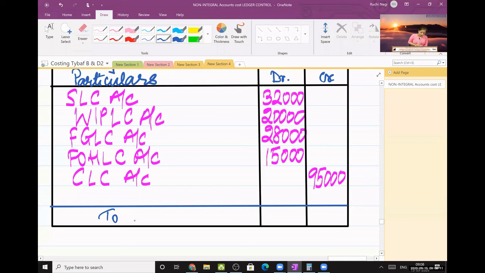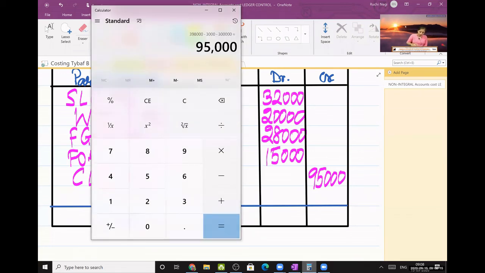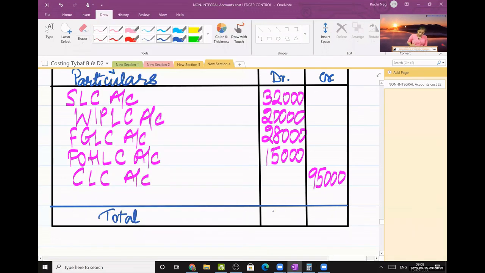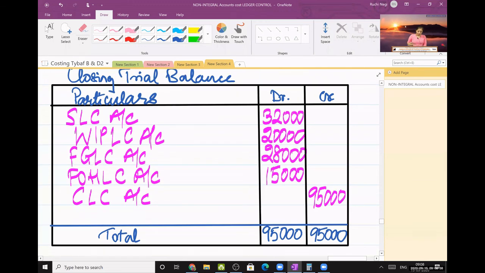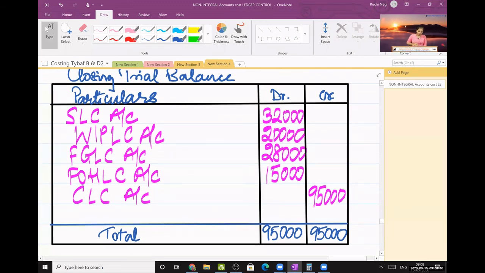Total. Now let me check. 32,000 plus 20,000 plus 28,000 plus this 15,000 of factory. So 95. This is the tally amount. So this completes my closing trial balance.